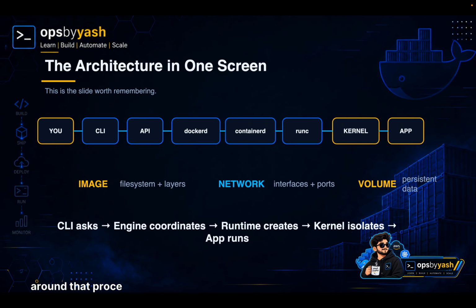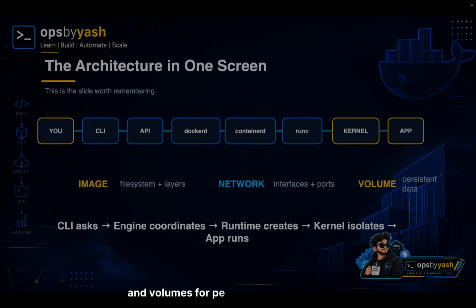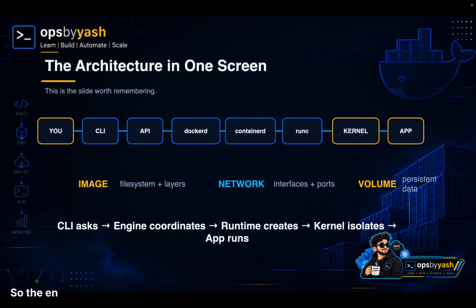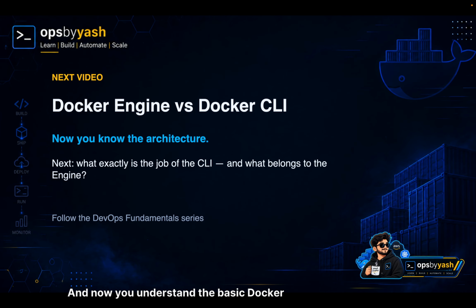Around that process you also have images for the file system blueprint, networks for communication, and volumes for persistent data. So the entire story can be summarized as: CLI asks, engine coordinates, runtime creates, kernel isolates, and app runs. And now you understand the basic Docker architecture.